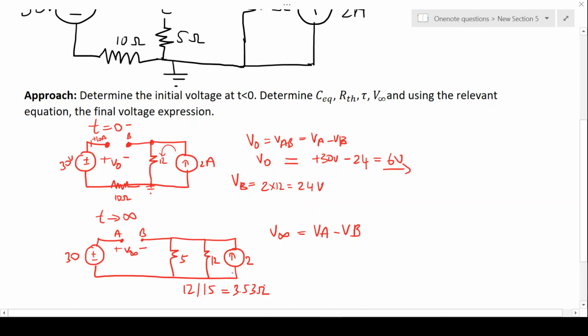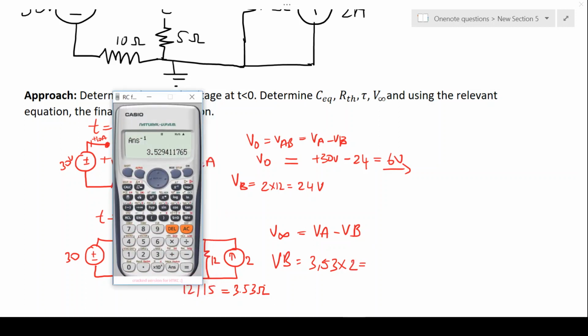Alright, so now you will have a circuit that looks identical to that one, where this resistance is now 3,53 ohms. So we can calculate the voltage VB. So VB is going to give you 3,53 multiplied by the current, which is 2, which will give you a value of 7,06 volts.